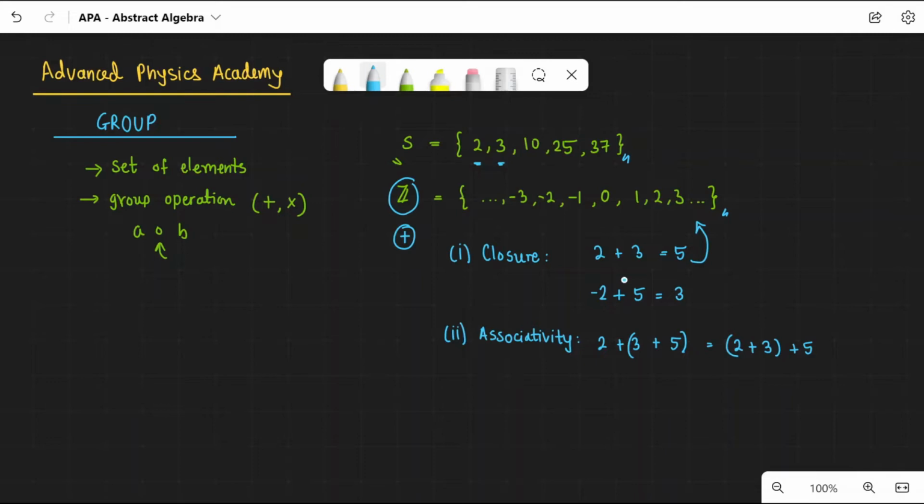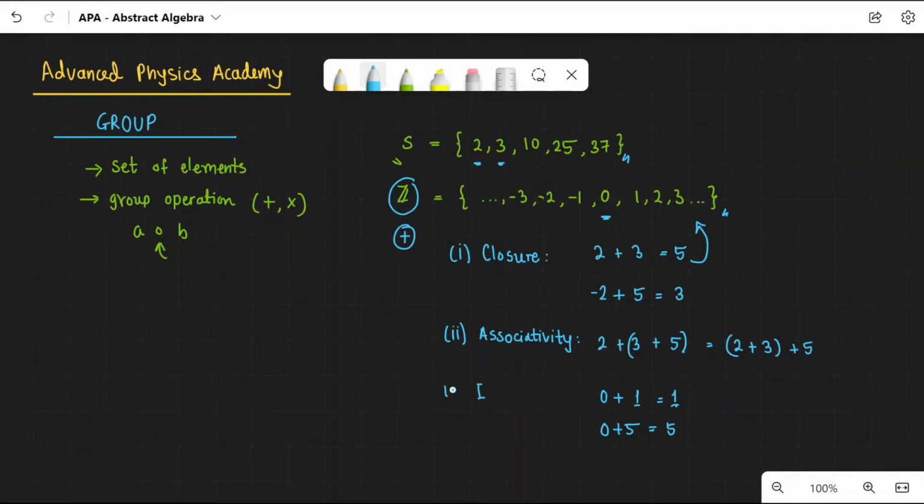Then there's one special number in this set of integers, and that is 0. If we add any number to 0, any integer plus 0, we get back the same integer. 0 plus 1 gives back 1, or 0 plus 5 gives back 5 itself. So we say that there exists an element which acts as an identity.